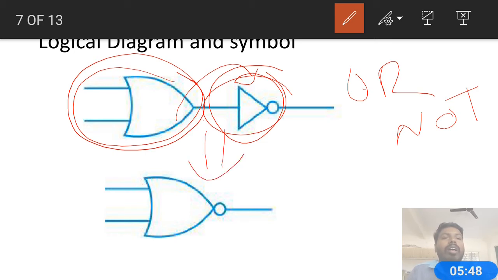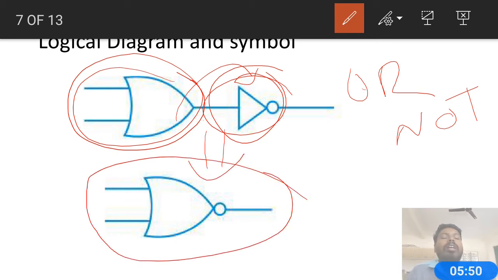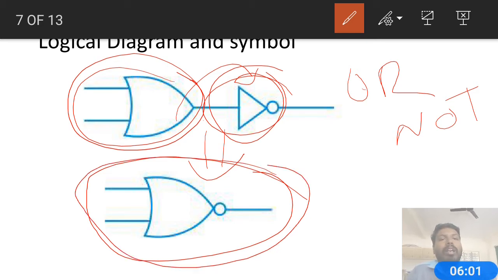So we can draw it like this. This is called a NOR gate. If in the examination they ask you to draw the logical diagram of the NOR gate, we have to draw this diagram only. Clear? The OR gate, and here one small oval; the oval indicates NOT. Understand? Right.